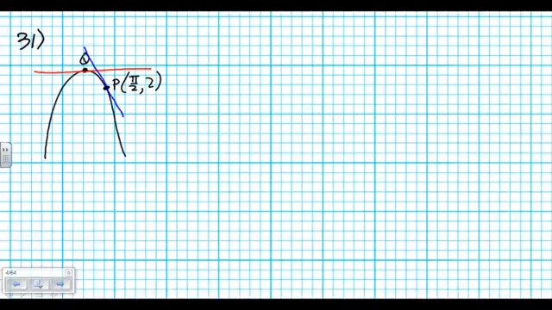And they ask us to find the tangent through point P, and then they ask us to find the horizontal tangent at Q. All right? And we're told that this curve is y is equal to 4 plus cotangent x minus 2 cosecant x.